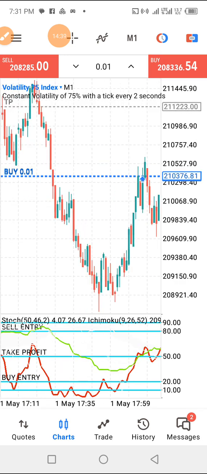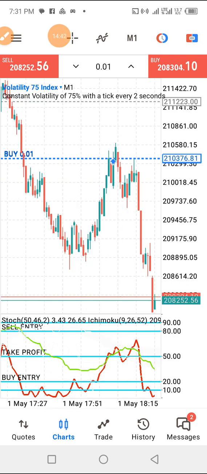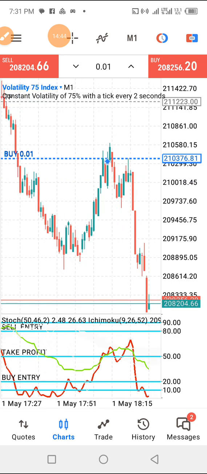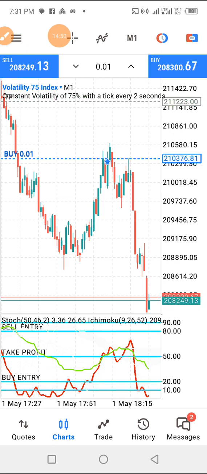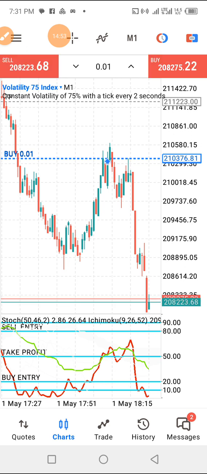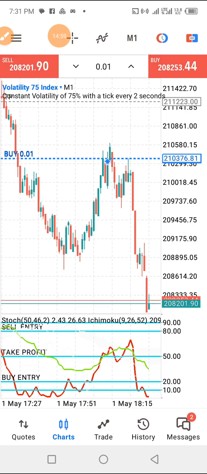You see it? So that is the repercussion of not obeying simple instruction. I would have opted out when price was at level 50, but that was when I was taking my entry, which most of you also do. Then when you now miss it, you now be looking for who to put the blame on, which is not supposed to be so.